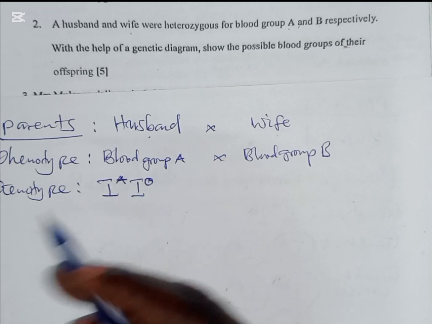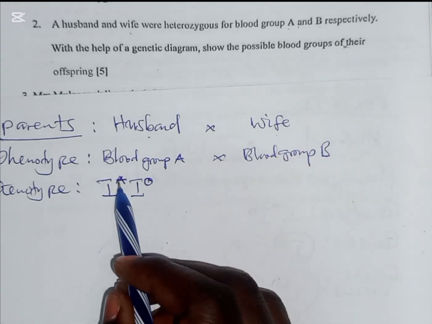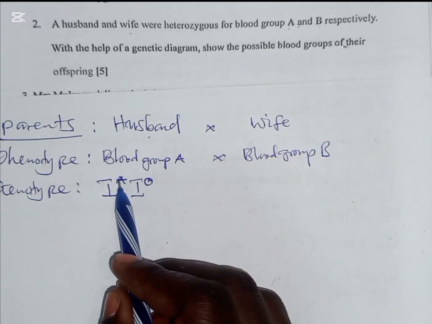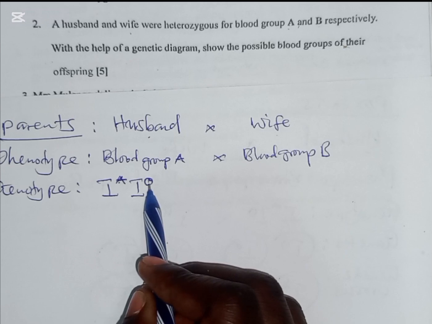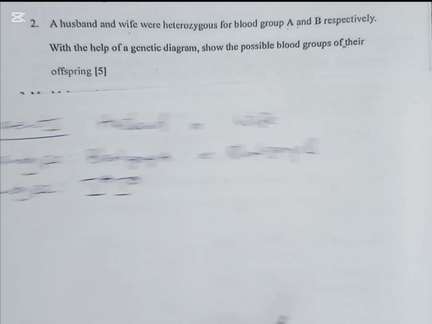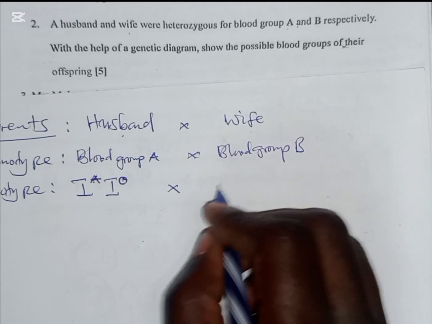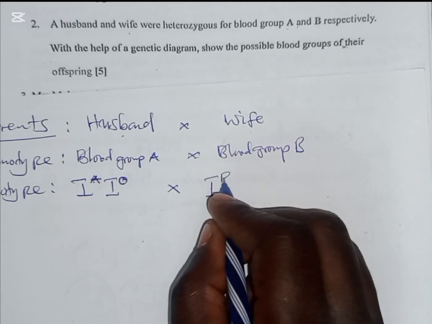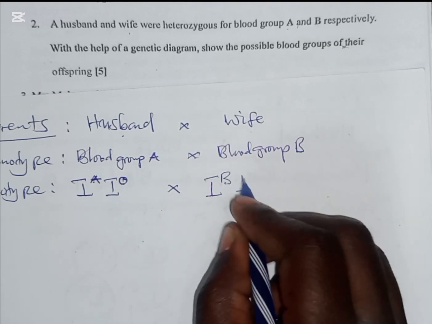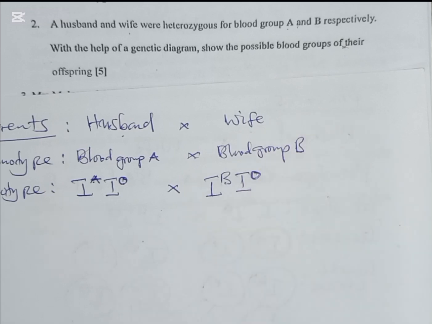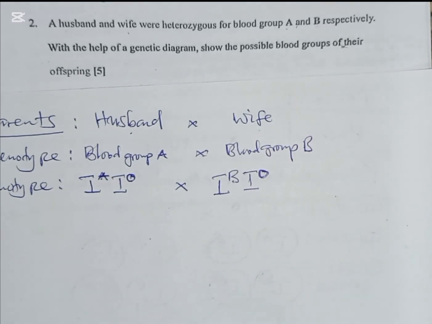Because blood group O is always recessive, meaning that A is dominant over blood group O. Get that? Crossed with it, we have a blood group B, which is also heterozygous, meaning it has its recessive allele as O, like that.